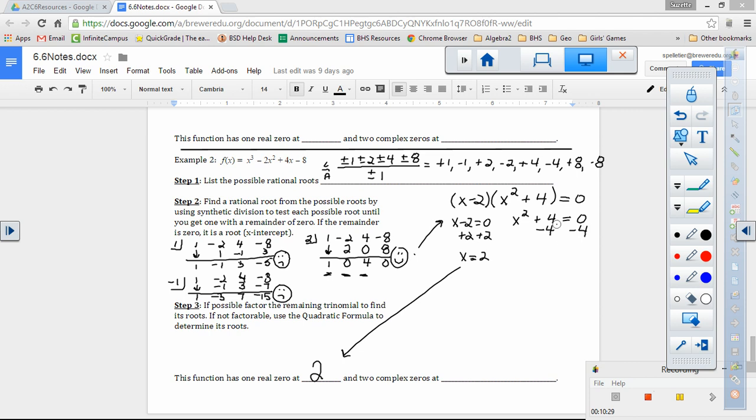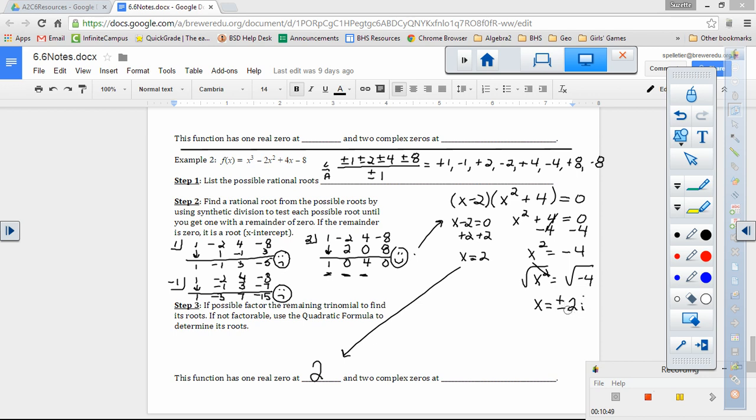So we're going to isolate the x squared term, and then we're going to square root both sides of the equation. Okay, so when you square root a perfect square, it cancels and you're left with x because they're inverses. Again, the square root of 4 is 2, and the square root of negative 1 is i.